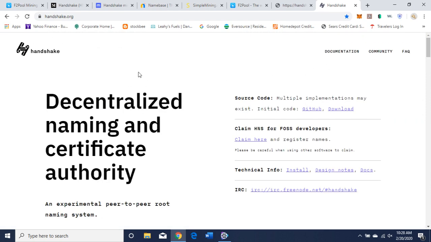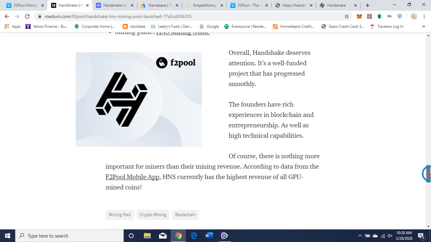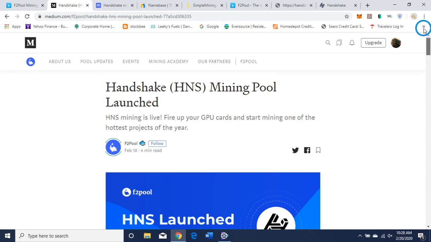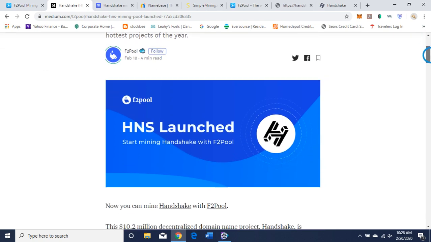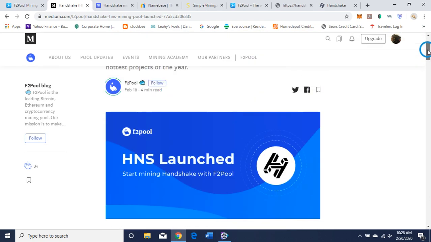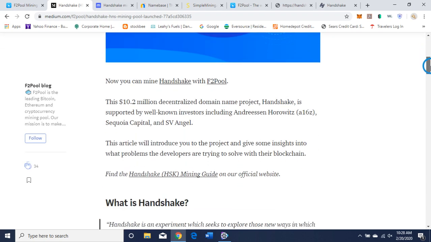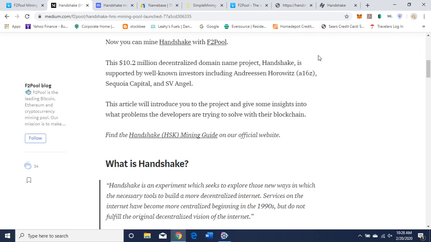I have some links here, Medium articles that will explain it a little bit better. This one is by F2 Pool, Mining Pool Launched. So F2 Pool, actually this article came out February 18th. Now you can mine Handshake with F2 Pool. $10.2 million decentralized domain name project, Handshake, supported by well-known investors, including Andreessen Horowitz, Sequoia Capital, and SV Angel.